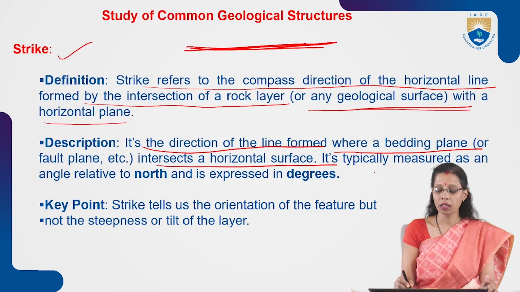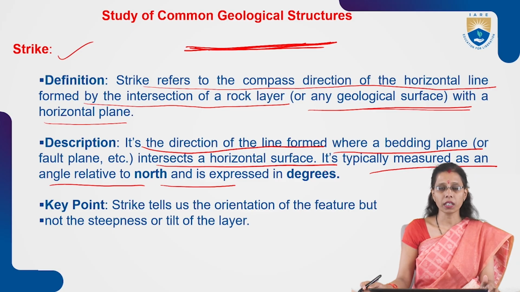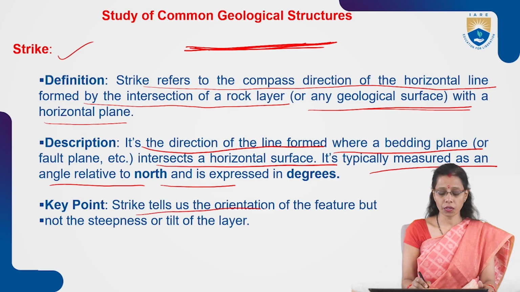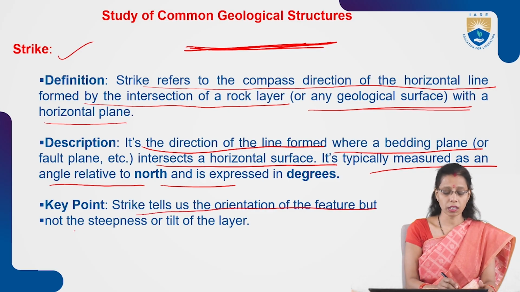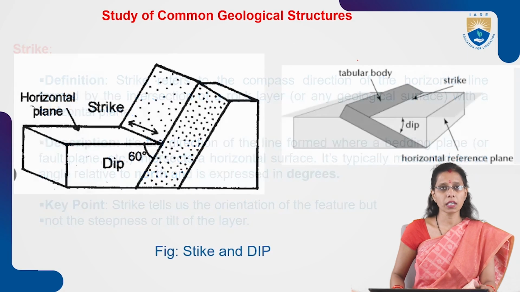It's typically measured as an angle relative to north and expressed in degrees. The key point is that strike tells us the orientation of the feature but not the steepness or tilt of the layer. As it is a horizontal line, it doesn't tell us the tilt of the layer.